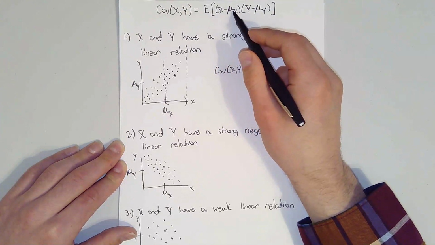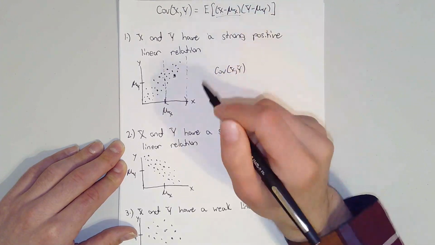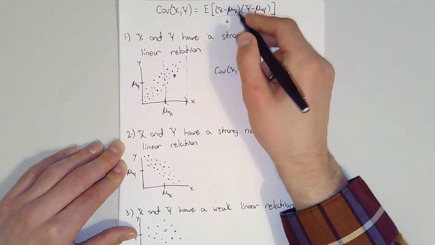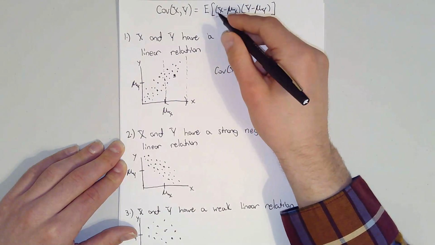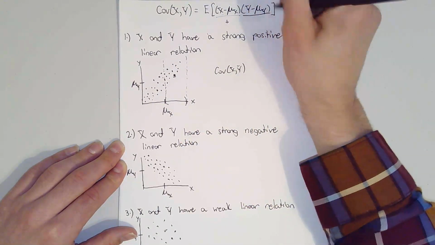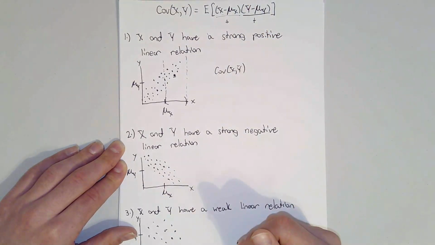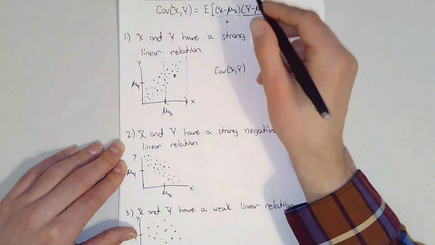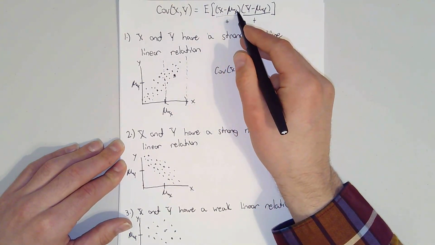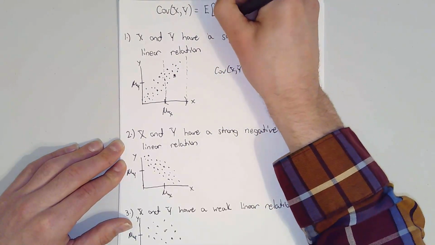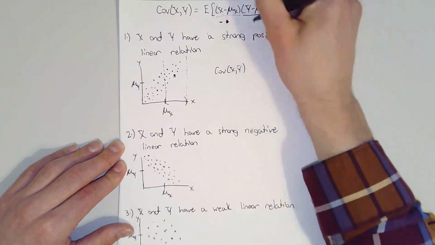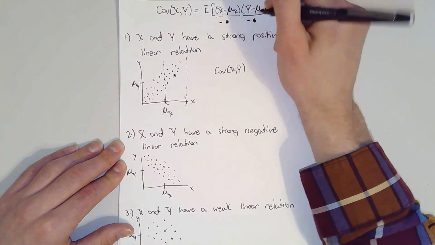When x is greater than mu sub x, we expect this quantity here to be positive. In that case, for those outputs in which this is a positive quantity, we can see by the scatter plot, this quantity will also be positive. Therefore, the product will be a positive number. In the case that x minus mu sub x is a negative quantity, then the corresponding y-coordinate will on average also be a negative quantity.